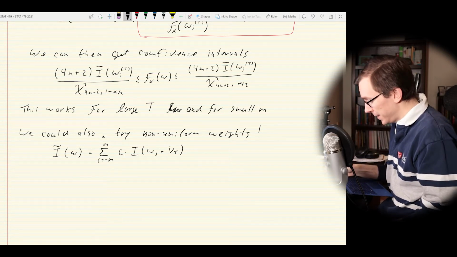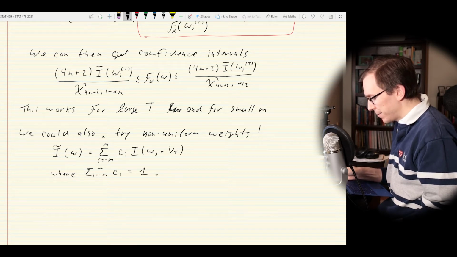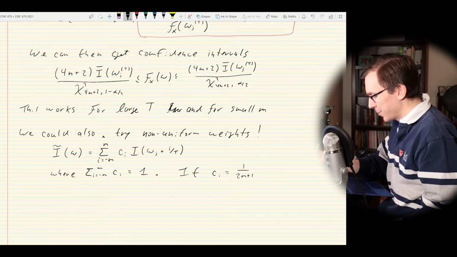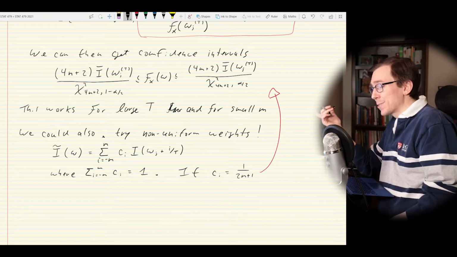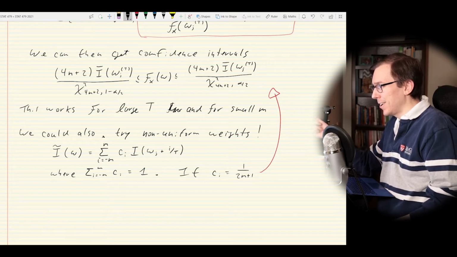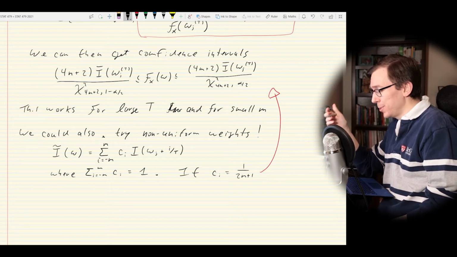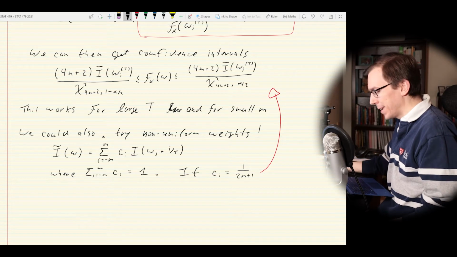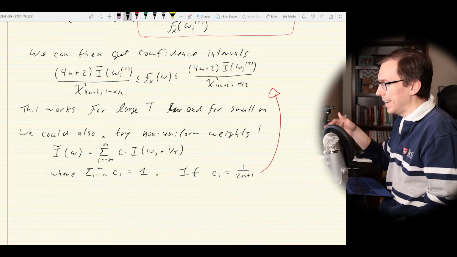Now, in this case, we also need the coefficients c_i to sum up to 1. So if c_i is just equal to 1 over 2m plus 1, then we're back where we were up here. But the point is that we could choose c_i's that are not all the same value, and that can give us a different way to get a weighted average of the periodograms for banding.